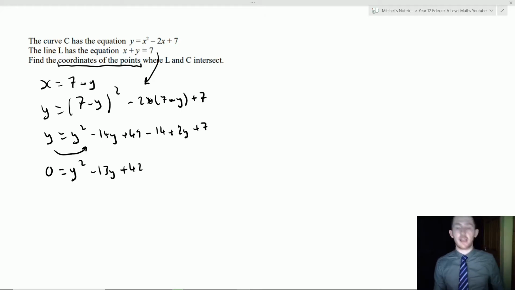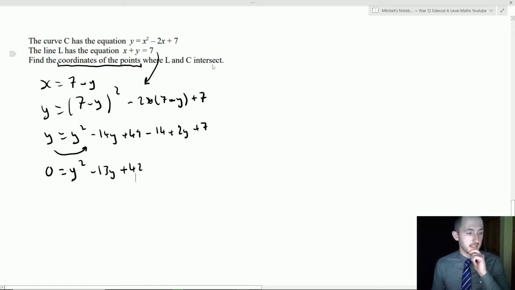Not understanding? Okay, no worries. So what we want to do when these two things intersect, right, is it just means that both of these equations are true at the same time. When something happens at the same time, it means simultaneous. So all we're doing is solving these equations simultaneously. And the way you do that is you need to use elimination because it's quadratic.